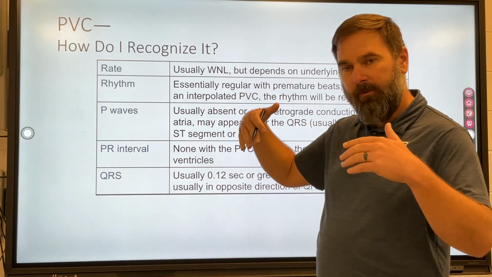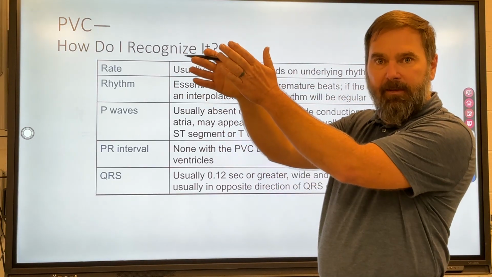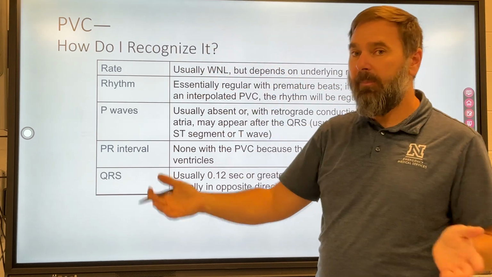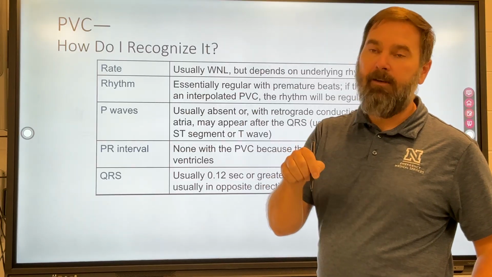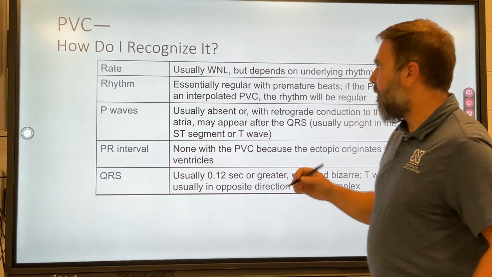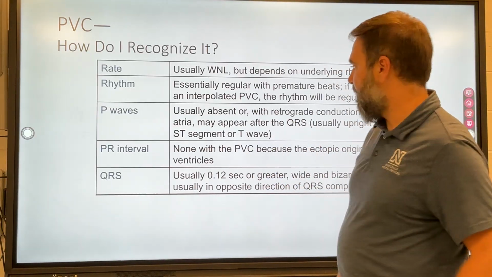Once it hits the bundle of His, it's going back to the AV node, still sending that signal back to the atria. So you may see a P wave, but it's going to be absent, or inverted, or hidden in the QRS complex somewhere. But one big recognizing factor with PVCs is the width of the PVC.